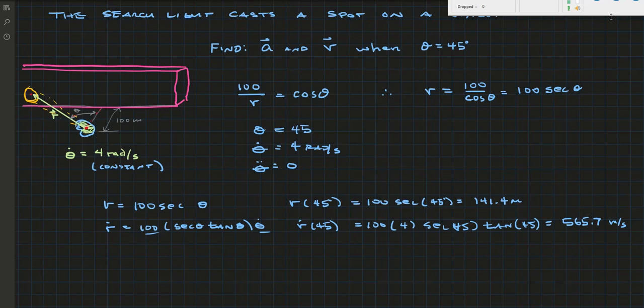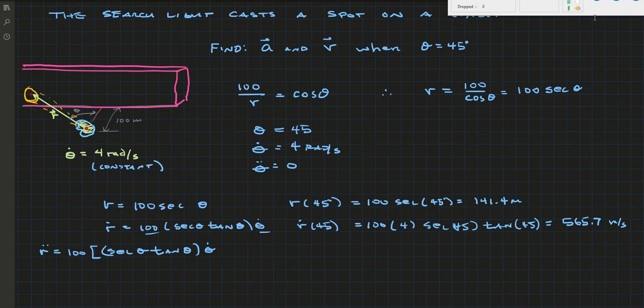And let's give ourselves a lot of room for our double dot, because notice we have three parts to that when we use the product rule. So we'll have 100 times, let's do the secant first. The derivative of secant is secant theta tangent theta, and then we'll have a theta dot there for the chain rule.